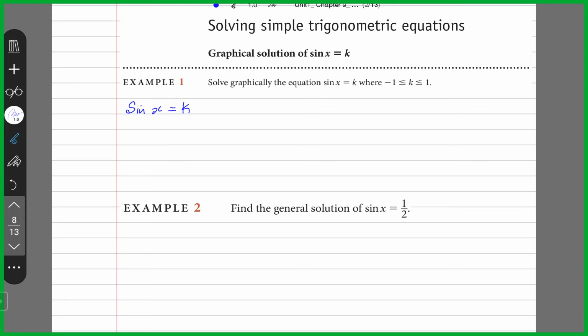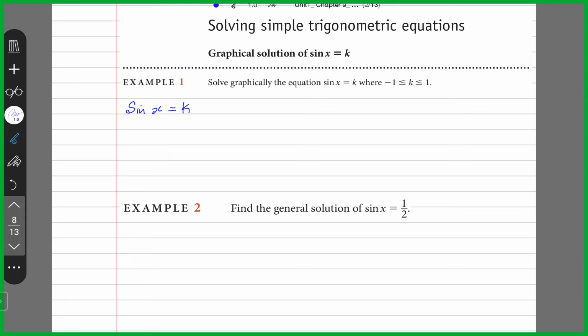So an angle is not just between 0 and 360 degrees. You can have angles between 360 degrees and 720 degrees. The sine graph repeats itself between those angles.